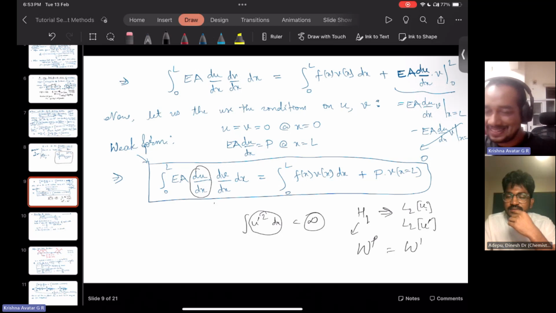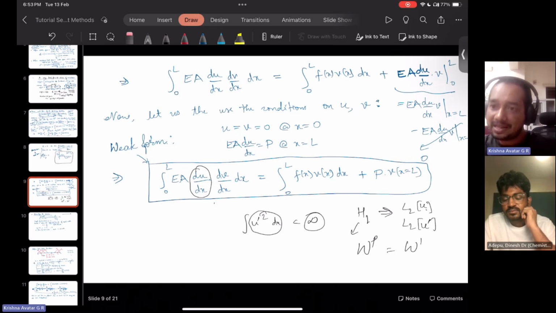Because as we discussed some time back, we cannot cast every problem as a variational problem or as some sort of minimization problem. However, multiplying by variations is always possible for any problem, even if it contains dissipation. We can always multiply by a variation and then carry out the same steps.